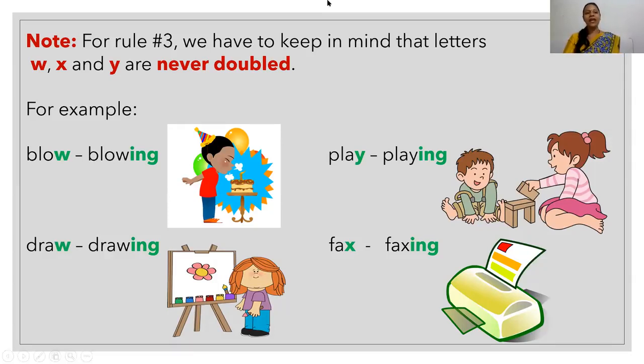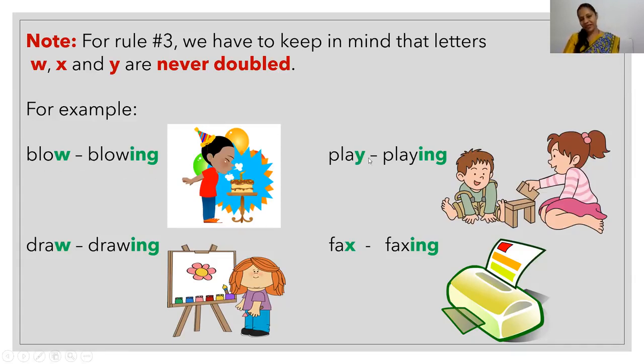For example, in the word blow, B-L-O-W. See, there is a single vowel O before the final letter W. But we know that we never double the letter W. So we simply add ing at the end. So verb blow becomes B-L-O-W-ING in its ing form.